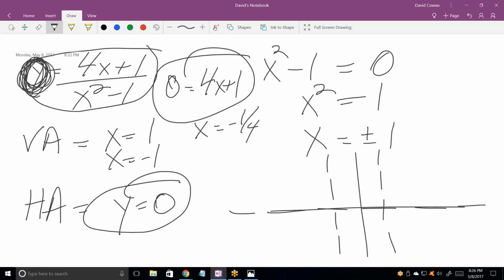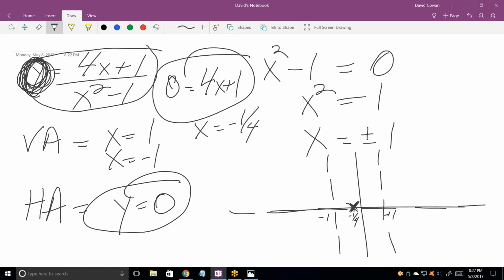Minus 1/4 is right there. So you always look at the numerator for the x-intercept? If I have a rational quotient equals 0, then you set the numerator equal to 0. That's the only way anything can be 0.